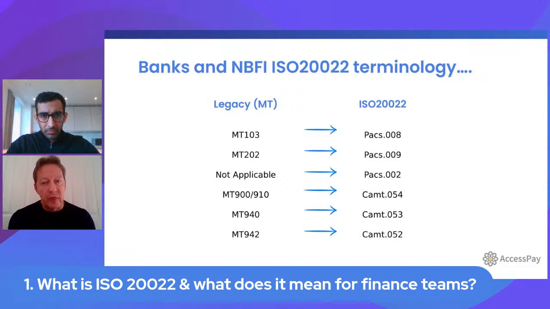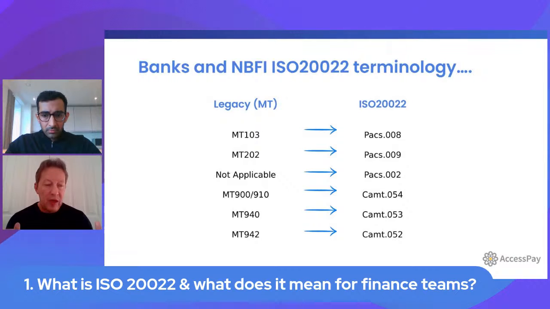So traditionally, an MT103 would be a payment instruction from an FI to a bank. And that MT103 is being replaced with a PACS008 message. And the same for a bank-to-bank payment, which traditionally would be an MT202. So the 202 is being replaced with a PACS009.